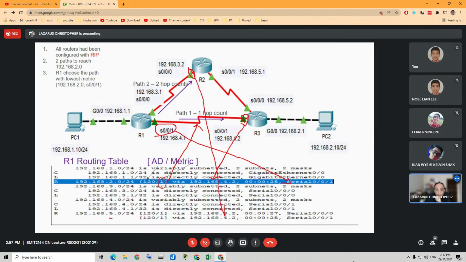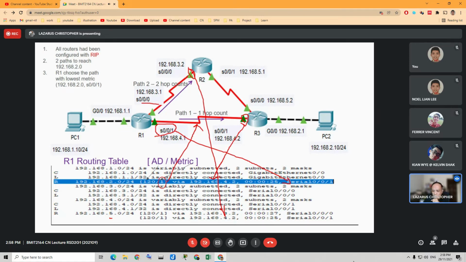Another one is 192.168.4.2 here. So 5 can be reached via this and via this. But I don't see it.